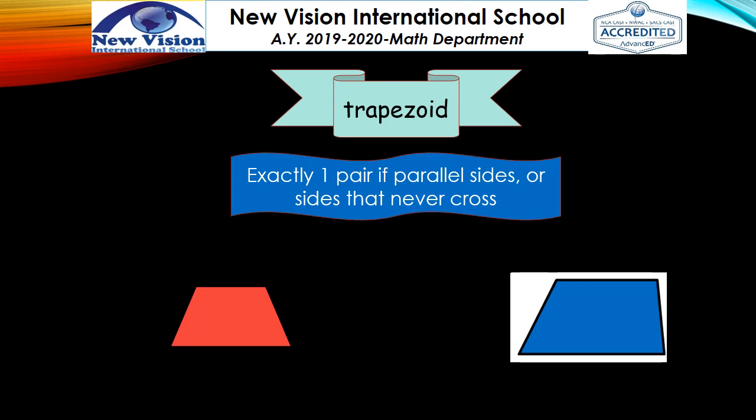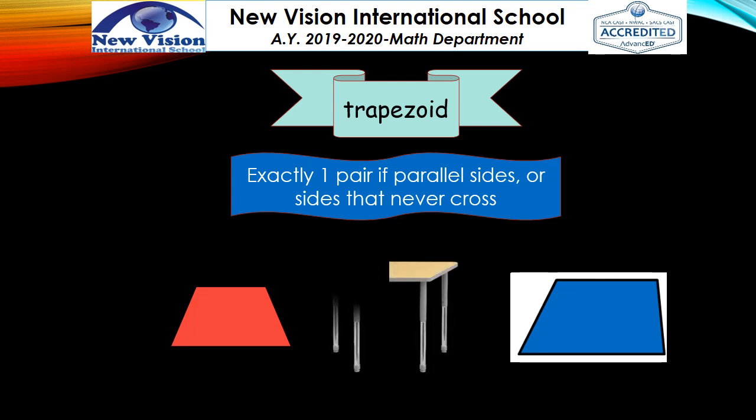No, they're not parallel, because if you extend them, they will meet at a certain point. But side 1 and side 2 are parallel sides. And also here, in the second figure, this side and this side are the parallel sides.